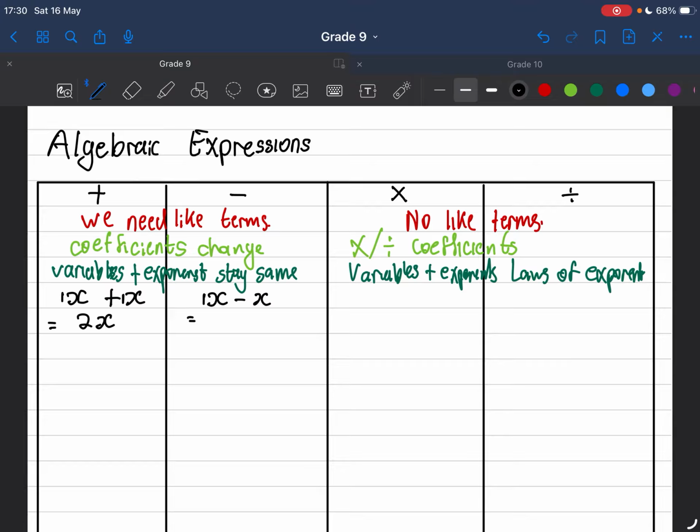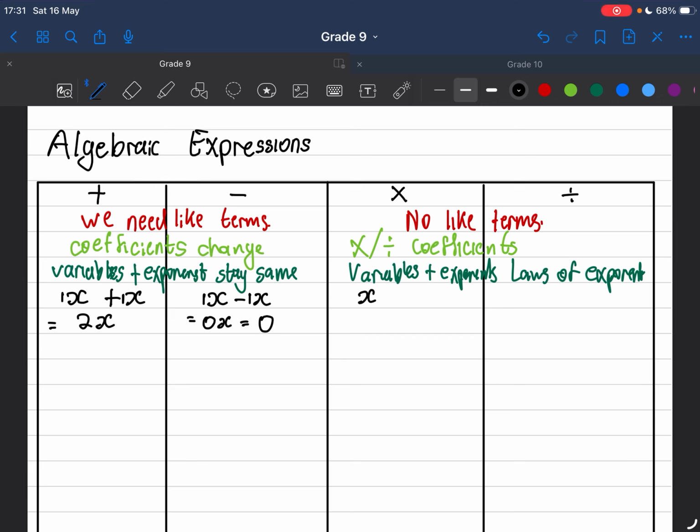So 1x minus 1x: 1 minus 1 is 0, and the variable stays the same, so we get 0x. But we remember that 0 times x, because the coefficient and variable are being multiplied, you always find the product of that. So 0x is just the same thing as 0, so it disappears.